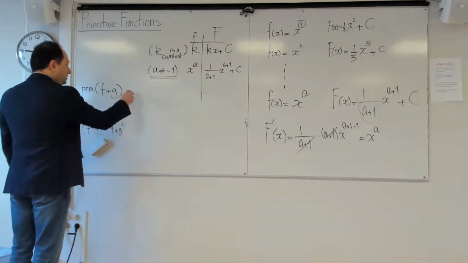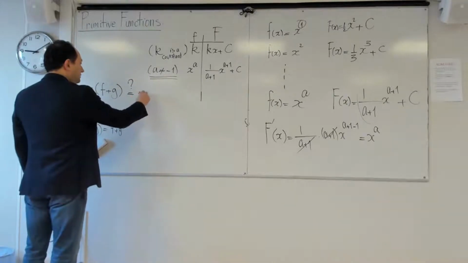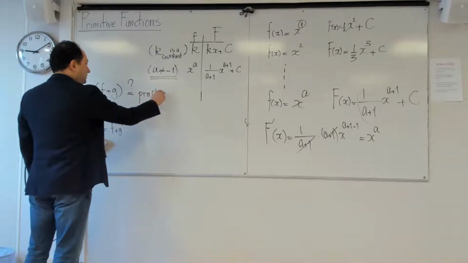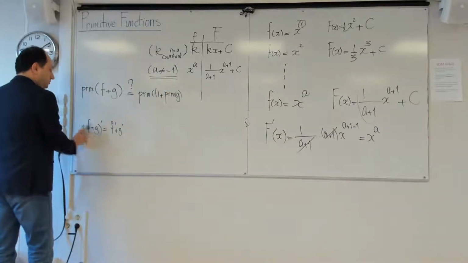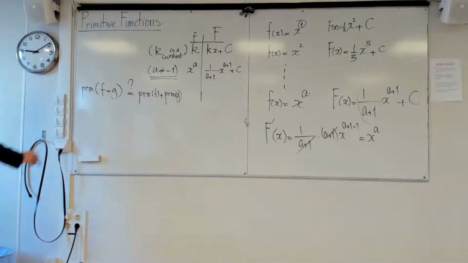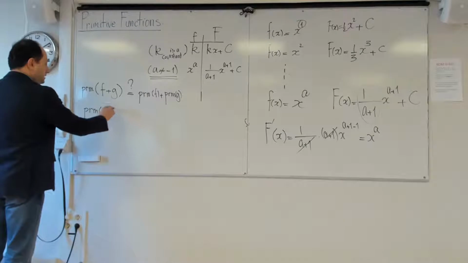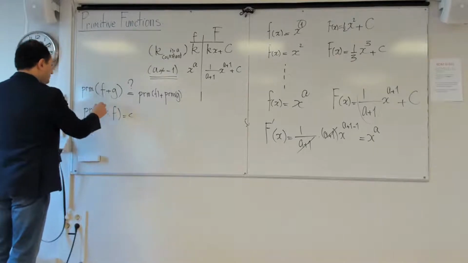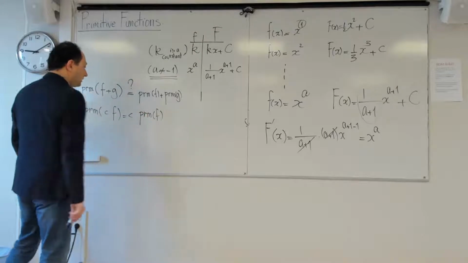In other words, do you think that is still true, that the primitive function of this one is the primitive function for the first one plus the primitive function for the second one? Do you think that this is true? Or in other words, is this one true or not? Primitive function for a constant c times f. Do you think I can pull this c out and just concentrate on finding the primitive function for f?